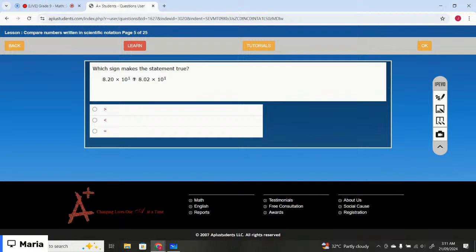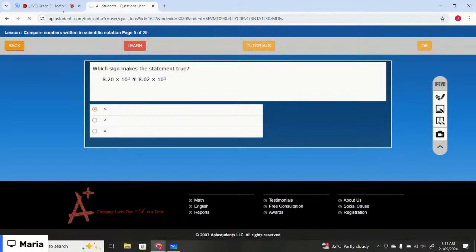Which sign makes the statement true? Which is the correct option? Greater it is. 8.2 times 10 exponent 1 is greater than 8.02 times 10 exponent 1, right? Okay, you can complete the lesson by yourself later today.